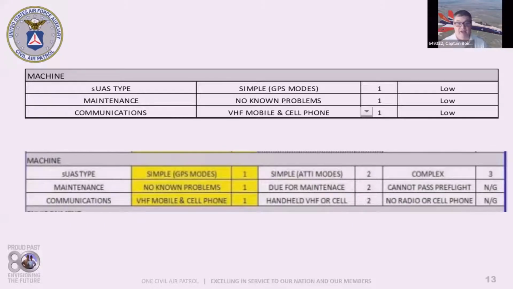If you've got nothing at all, notice what it's telling you. No go. If in doing your maintenance check, you do your pre-flight and it cannot pass your pre-flight, it's a no-go. Any questions about that?